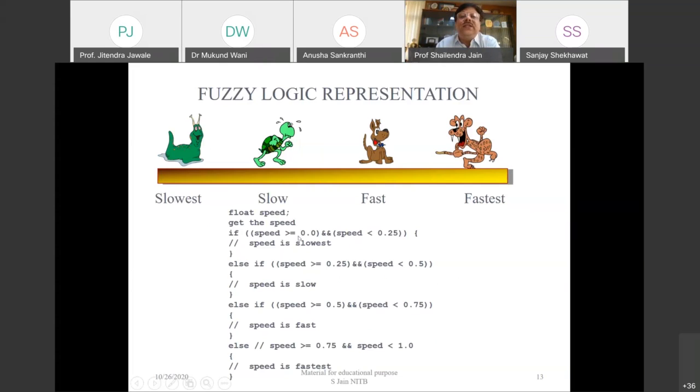If your speed is between 0 to 0.25, it is slowest. Else if 0.25 to 0.5, it is slow. Else if 0.5 to 0.75, it is fast. Else, that means if it is greater than 0.75, fastest. So this is how our human brain thinks in terms of if-else.